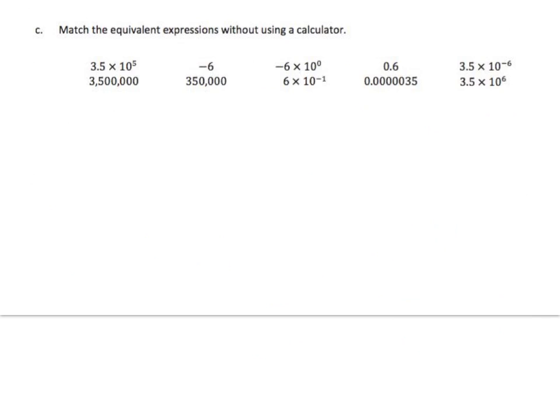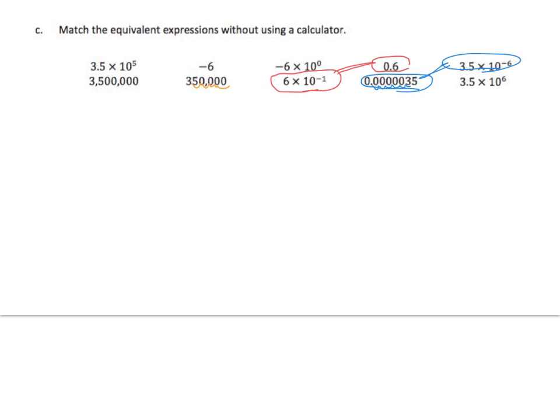Next one. Match the equivalent expressions without using a calculator. Okay, here's a little test. Let's see. Here I have 0.6, which is the same as 6 times 10 to the negative 1. 3.5 times 10 to the negative 6 is a small number, so let's do this one. 1, 2, 3, 4, 5, 6. Ooh, there we go. 3.5 times 10 to the 6th is a big number, so let's count this one. 1, 2, 3, 4, 5.